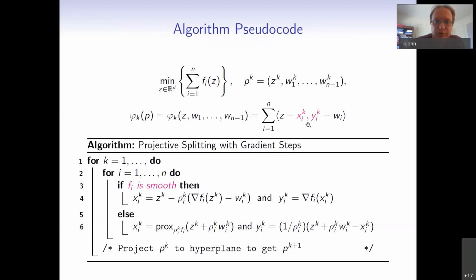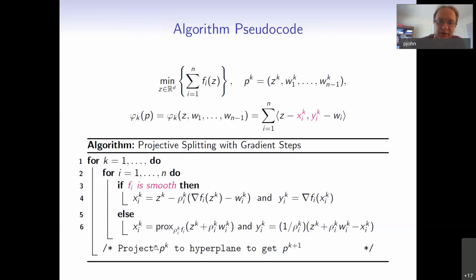So what you do is you go through and update each xik, yik. So for each i equals 1 through n, you can update it based on, if it's smooth, you can do the new gradient step calculation. Otherwise, you do the original prox calculation. Then once you get all these xik, yik, you then project onto the hyperplane to get the next point.